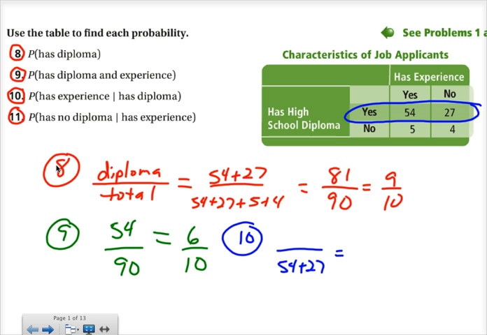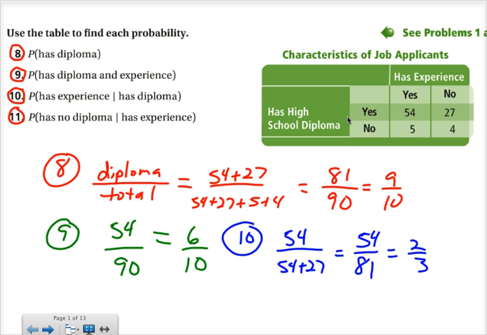So the people that have experience in that row are 54 people. So this is going to give us 54 over 81, and then 27 divides into both of those and reduces this down to 2/3.